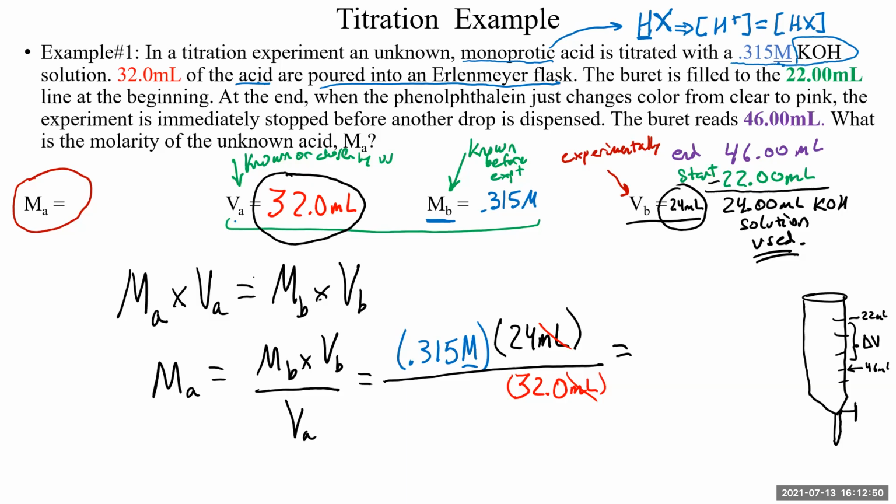What does that mean? Well, if it took a greater volume of acid than base, or if it took a lesser volume of base than the acid, that must indicate that the base has a higher concentration.